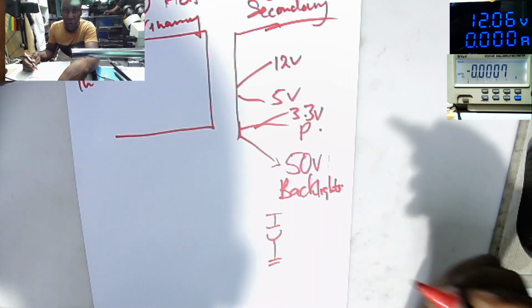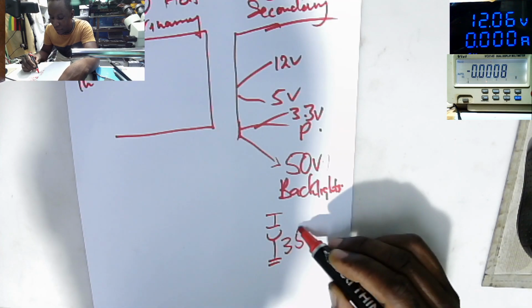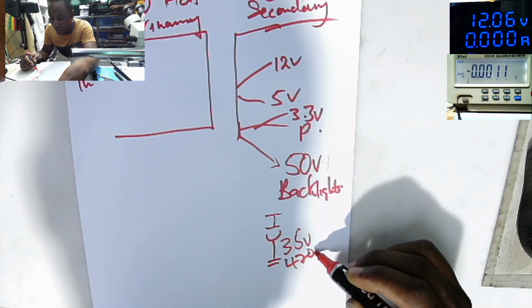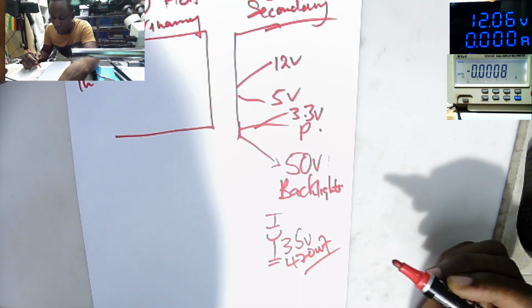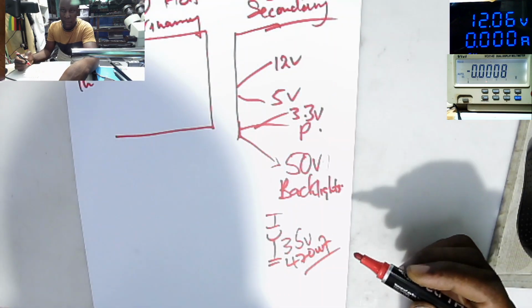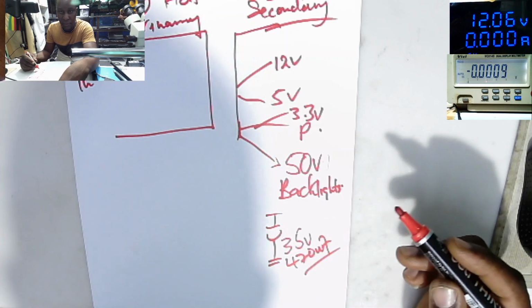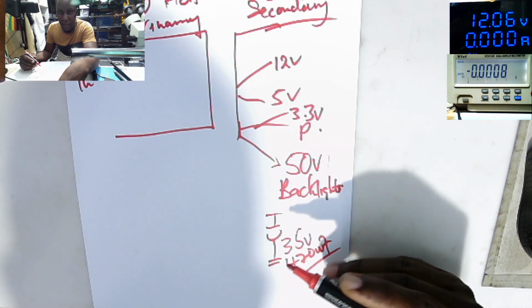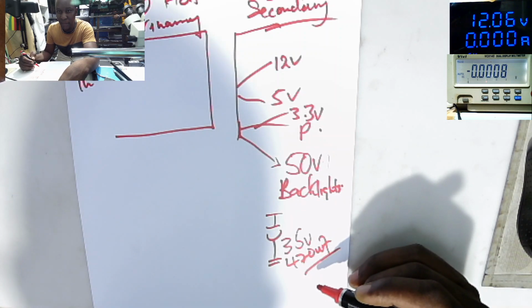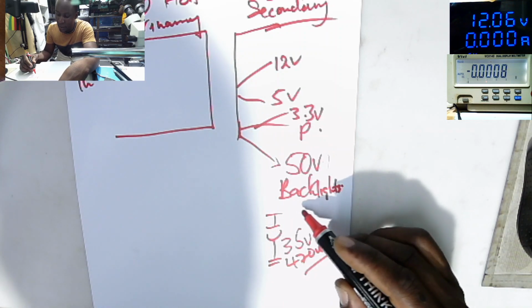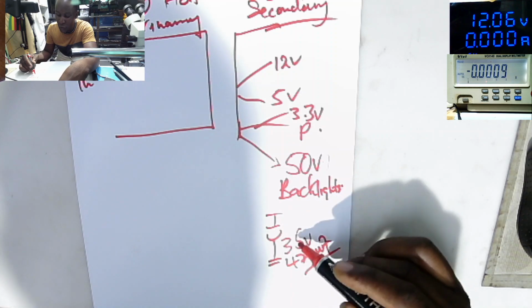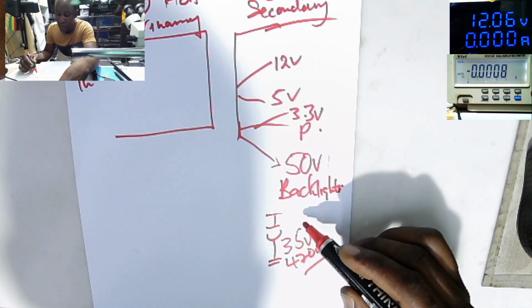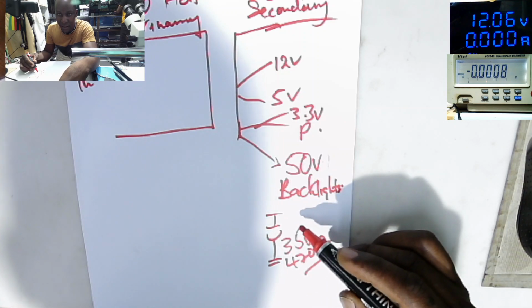I found 2 or 3, can be 35 volts, 470 micro, about 2 or 3 can be 100 volts, capacitors of different sizes.